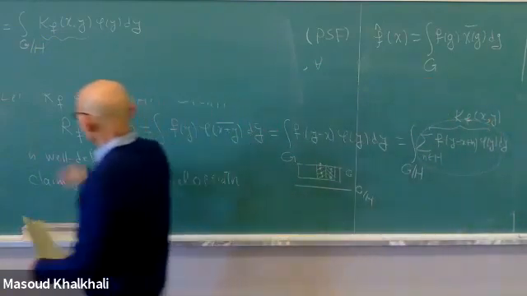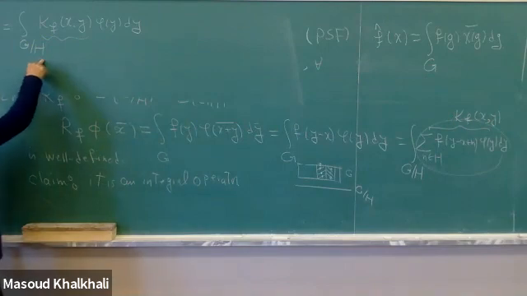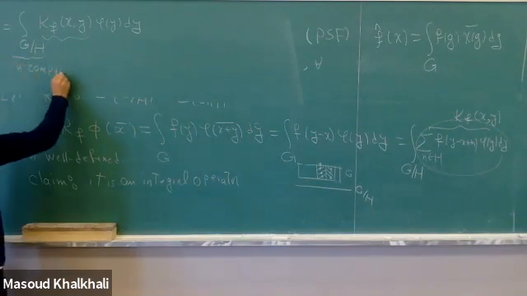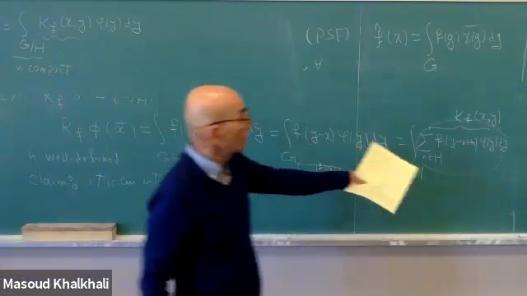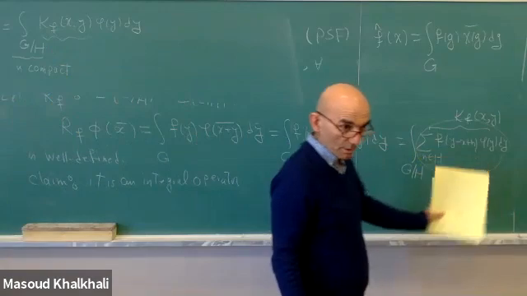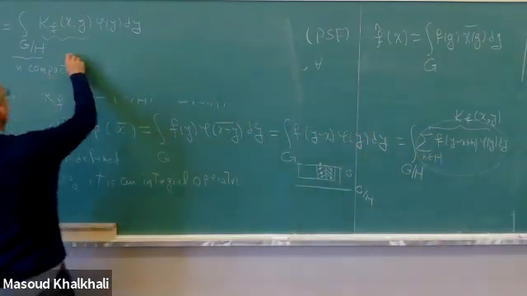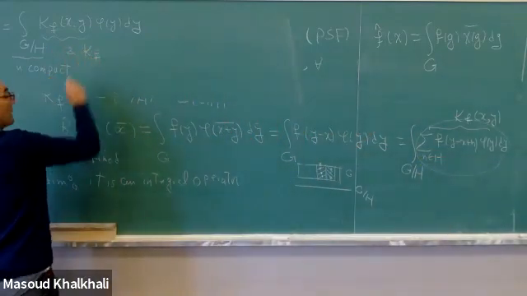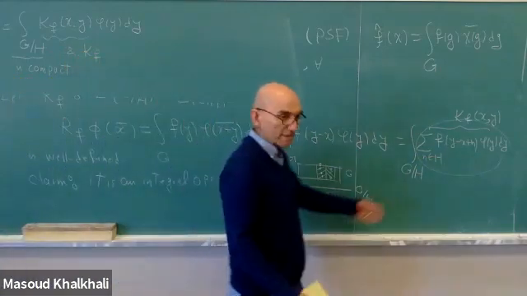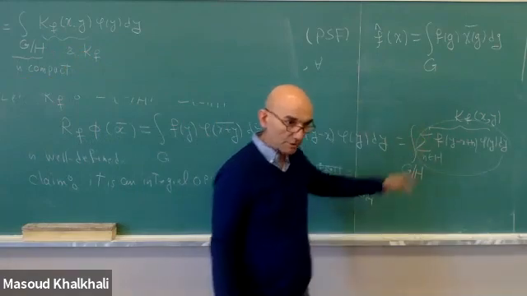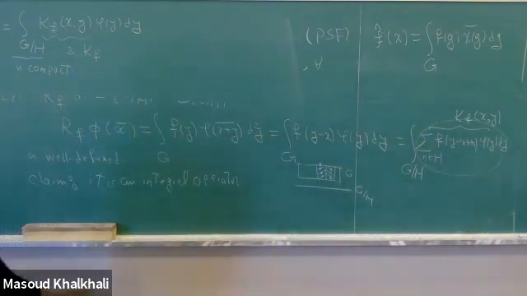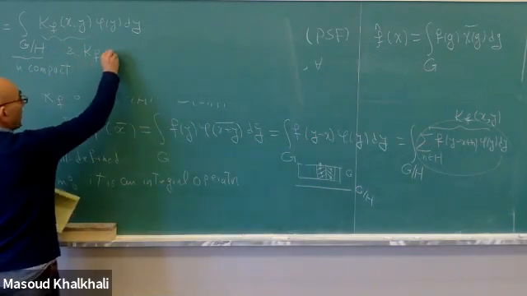Now G over H is compact, and this kernel is continuous. I'm working with continuous f's. Being L2 is actually enough in general for the statement I'm going to make, but here f is continuous, and K_f is continuous on this compact space.